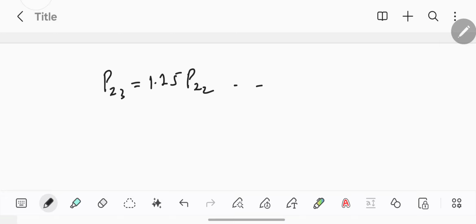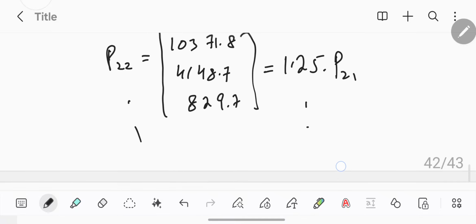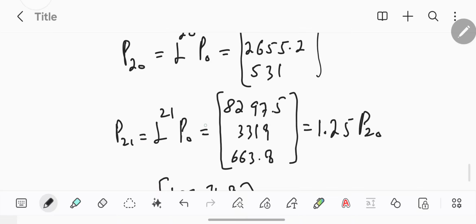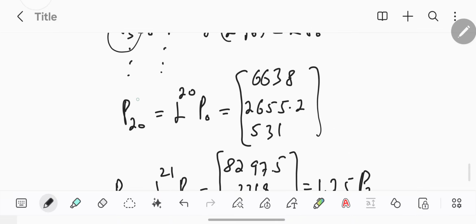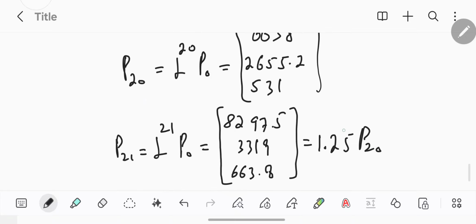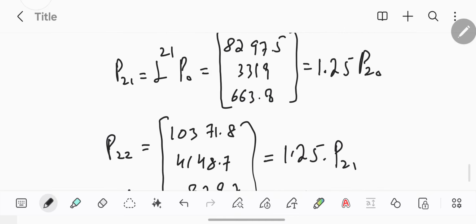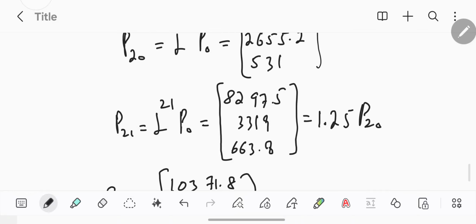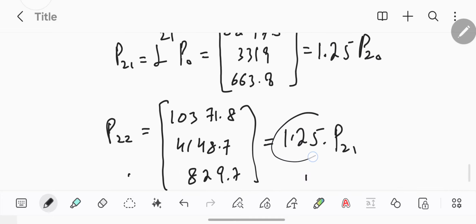In other words, what does that mean? This means the population which was present in the year 20 was increased by a factor of 1.25 in the year 21.